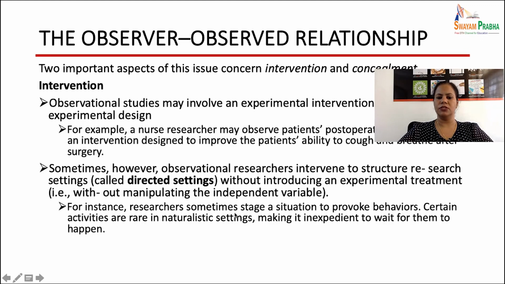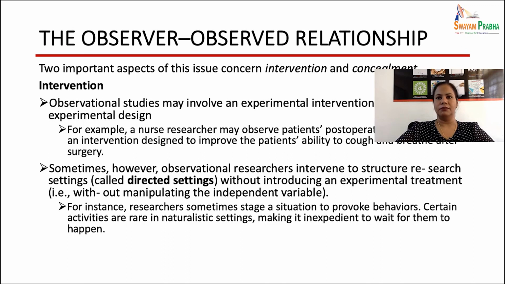For instance, researchers sometimes stage a situation to provoke the behaviors. In a natural setting, if you want to see what type of behavior will be shown by persons when a certain activity is conducted, you need to stage a particular situation and then see how the others behave. Certain activities are rare in a naturalistic setting, making it inexpedient to wait for them to happen.